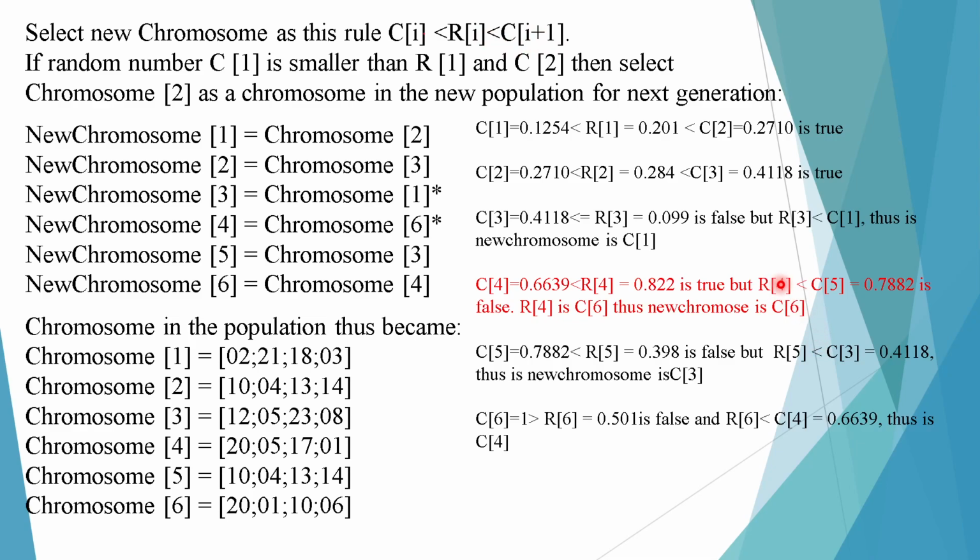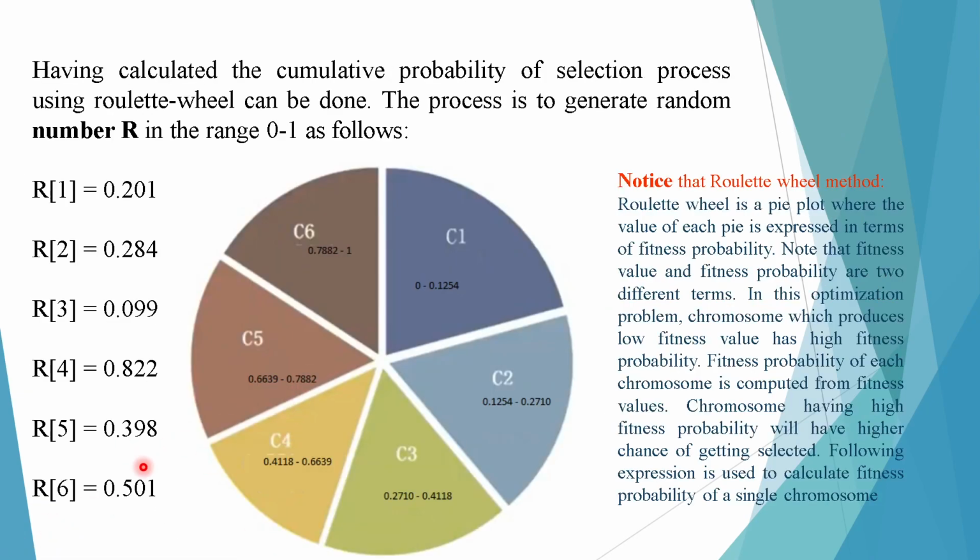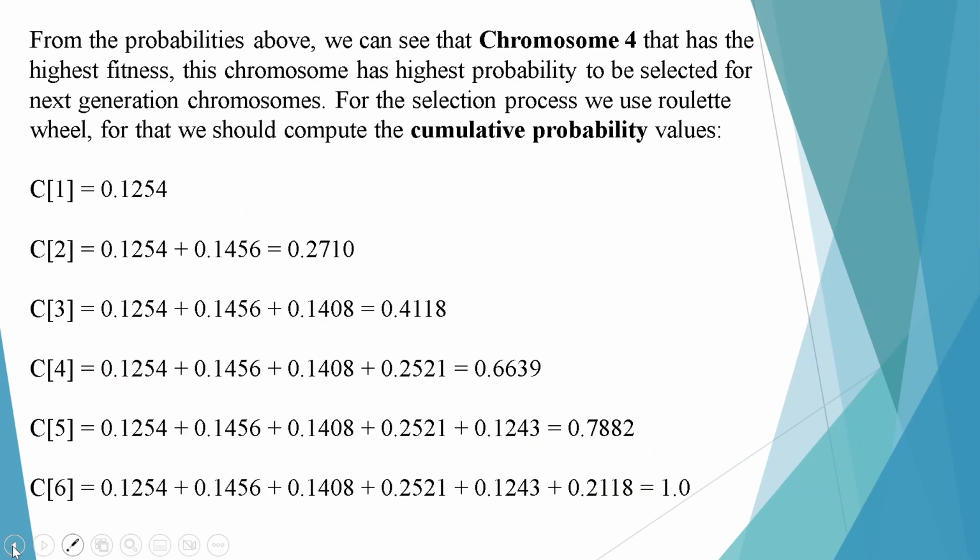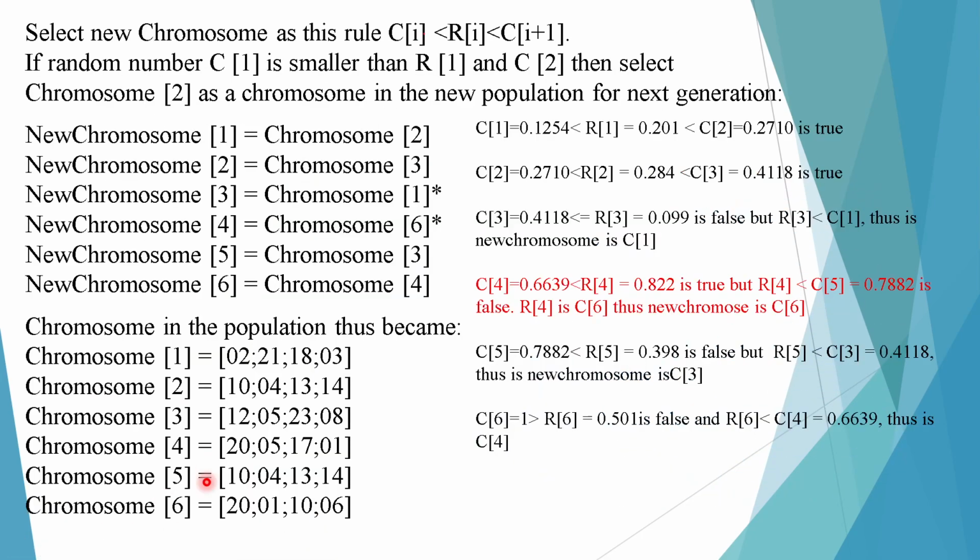Okay, what's the R4 value? Look at here. R4 is 0.822. R4 is not less than C5, but R4 is less than C6. Hence, the new chromosome 4 is equal to chromosome number 6. And then we move to the new chromosome number 5.